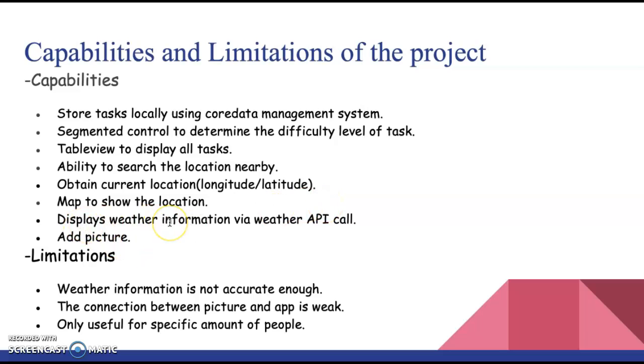It will display weather information via the weather API call, and also can add pictures as I talked about before, in the class diagram and MVC diagram. Of course, it has many limitations. The first is that the weather information is not accurate enough. I say it's not accurate enough because the web API does not obtain just one piece of current weather information.